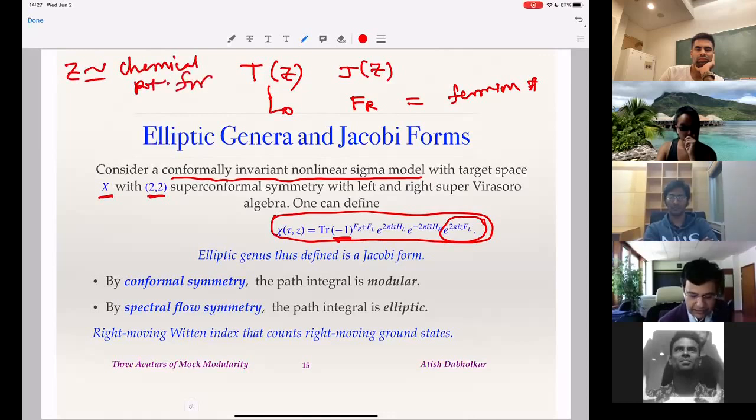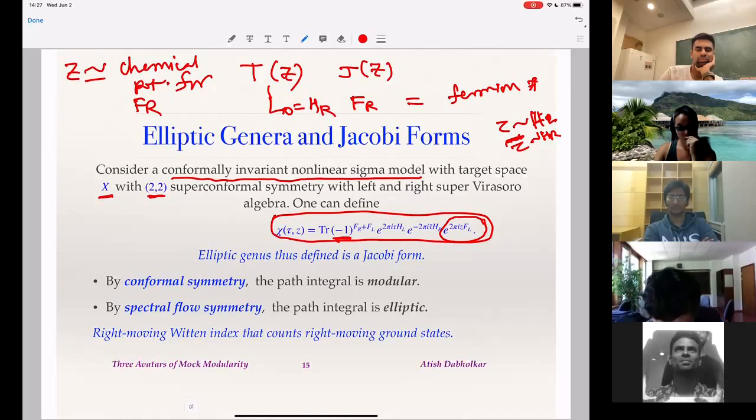From the two-dimensional conformal field theory point of view, it's like the chemical potential for the charge F right. In much the same way, tau is the chemical potential for the left-moving Hamiltonian, which is L0 or H left, and tau bar is for H right. Sorry, I'm mixing left and right, okay, but you understand what I'm saying.